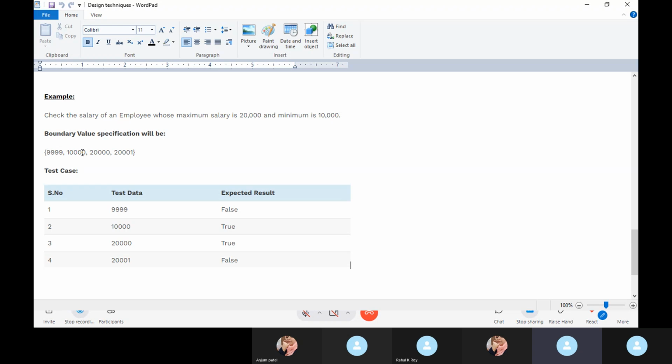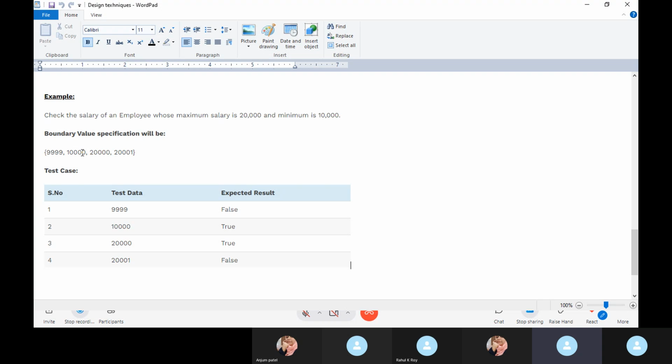For this scenario, you can write five test cases with five different test data, or you can write only one test case and mention that this test case is run with five different sets of data. That set of data you also have to mention. This is how we decide the boundary value.